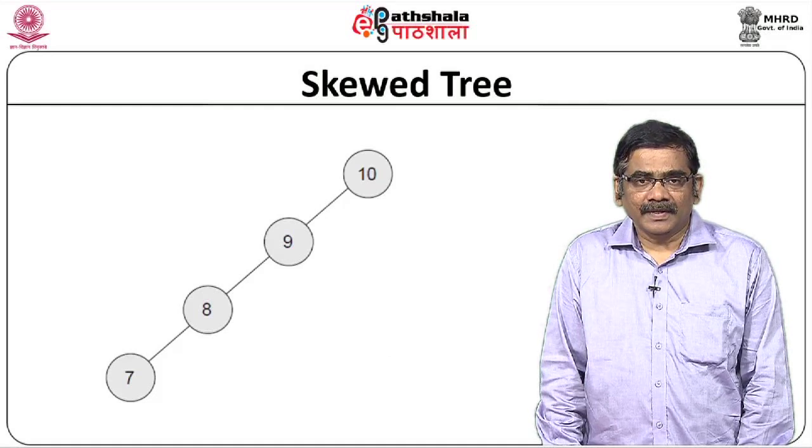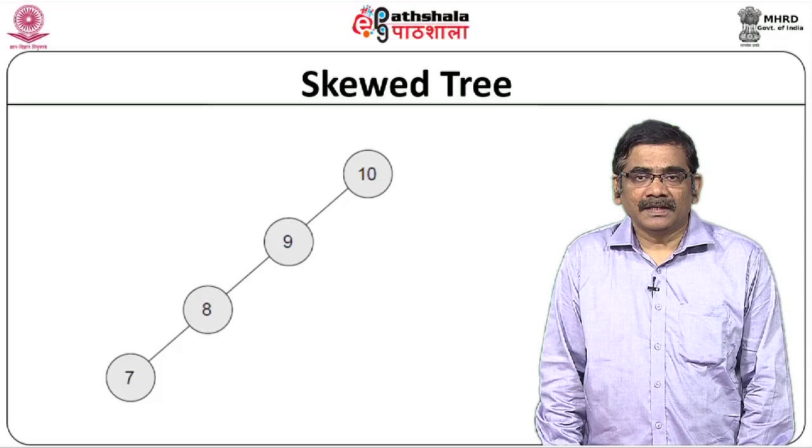Nothing is wrong with this particular tree, but it is skewed towards the left. In other words, this tree is not a balanced one. Therefore, to avoid this, there is a necessity to balance the tree.